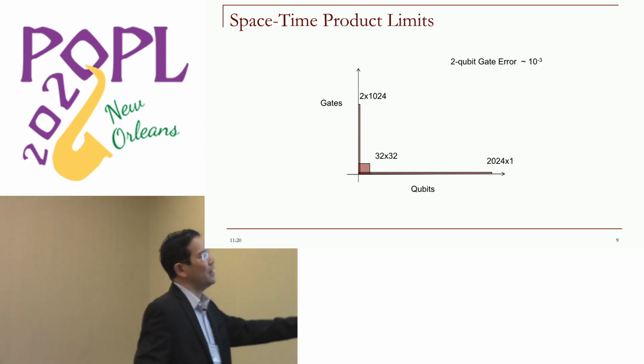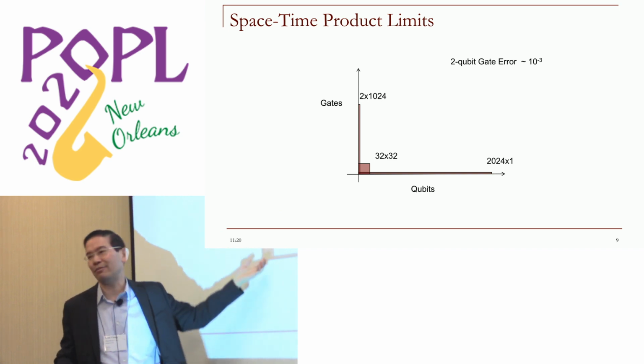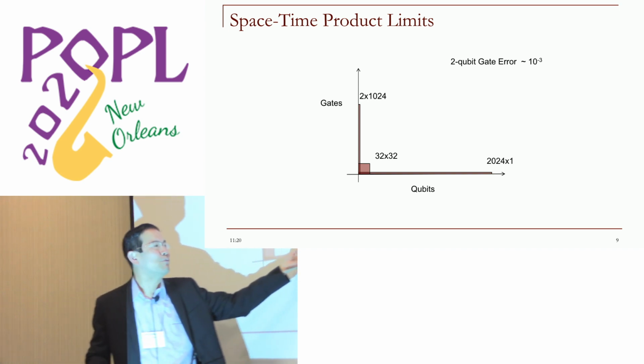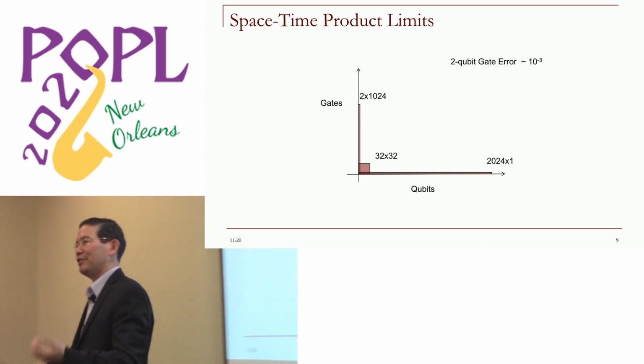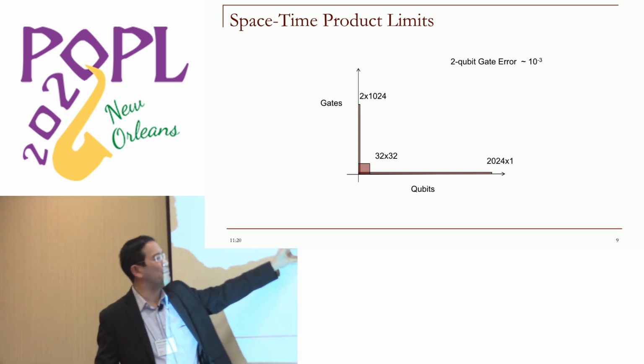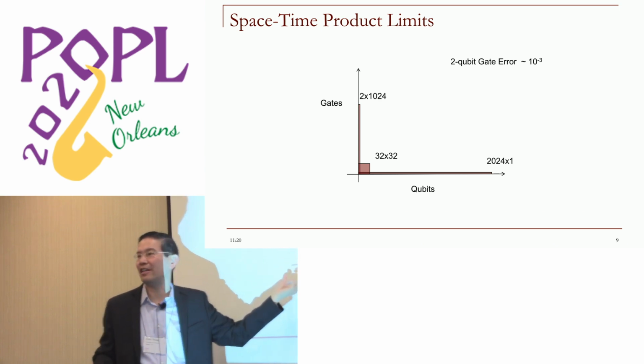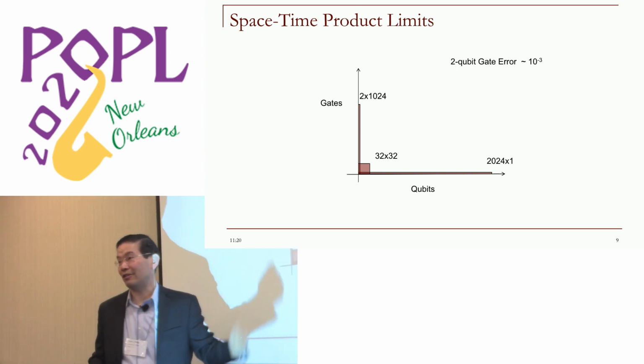And if you have, let's say, 2,000 qubits, then you can run 1 gate on every pair, and you can't really do much work with those 2,000 qubits. More usefully, you would probably balance these two a little bit, and so you have this little volume here, which is 32 and 32.